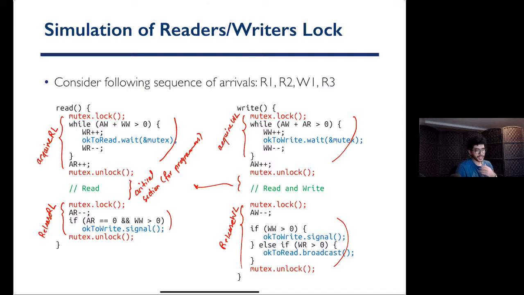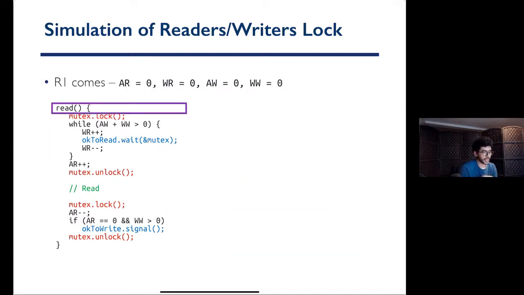Now let's run an example. Let's say initially the lock is initialized and fresh, everything is 0. So there are no active readers, waiting readers, active writers or waiting writers. Now let's say R1 comes. This is reader 1. Let's run through the code.